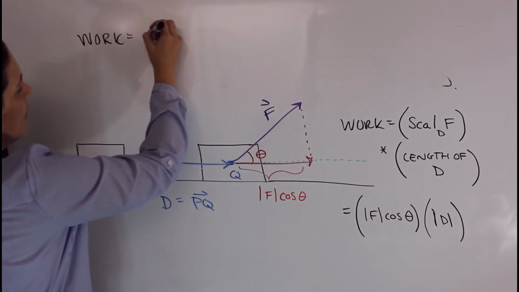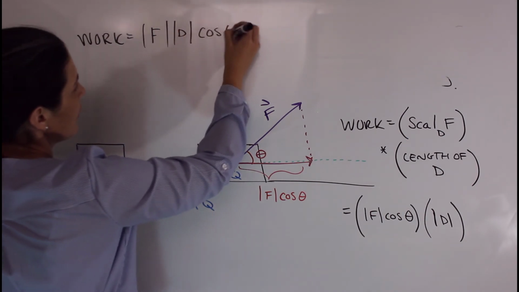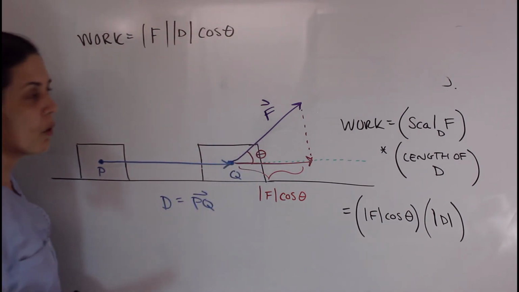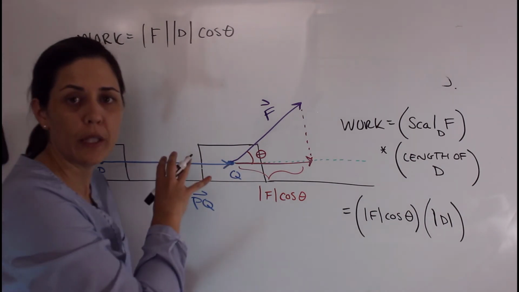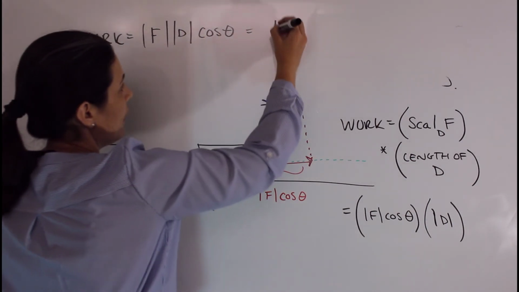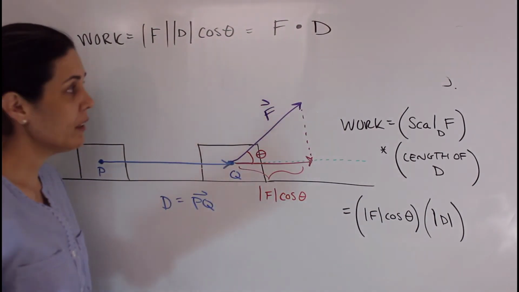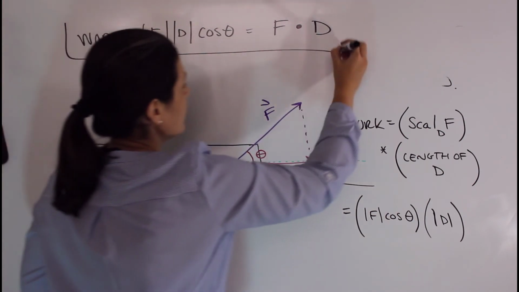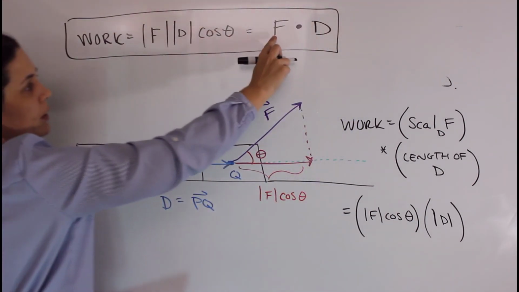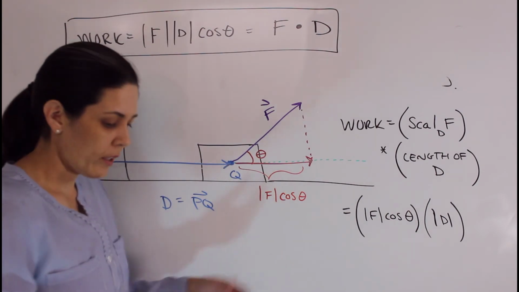If I say magnitude of F times magnitude of D times cosine theta, maybe that looks a little more familiar. I think when I showed you I used U and V. So this is just equal to F dot D. And that's your formula for work. Okay? So it's just a dot product of the force dotted with the displacement. So that's how you calculate work.